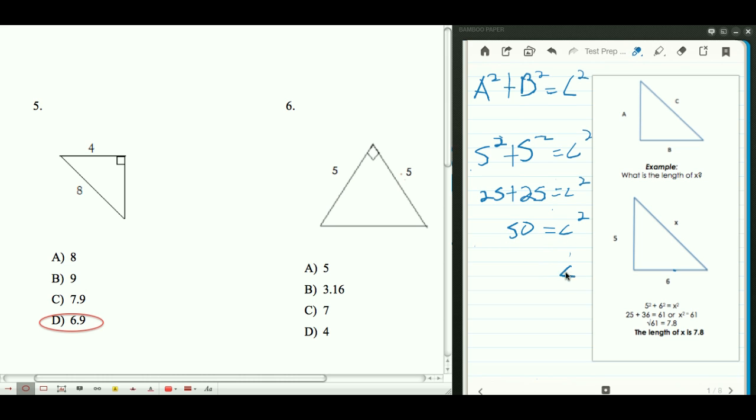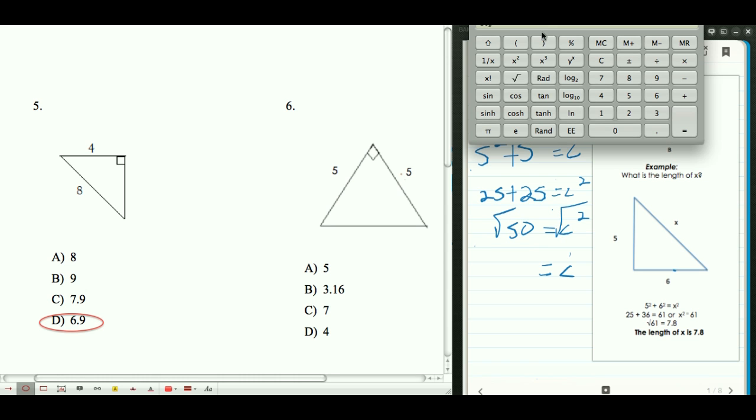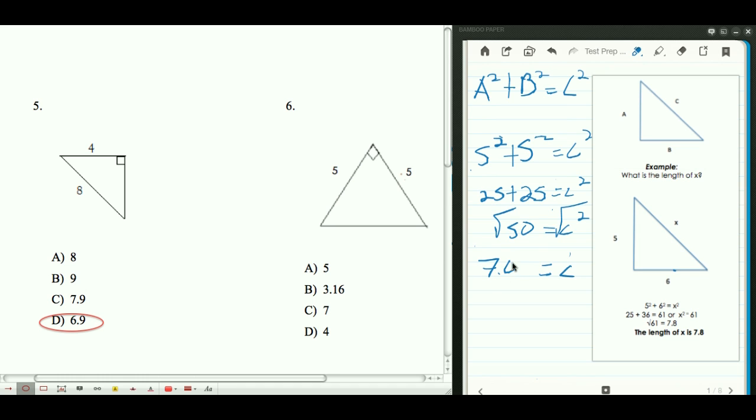From there, to figure out what c is, we're going to take the square root of each side. So we're going to press clear and then type in 50 and the square root button. That's going to give us 7.07. What's the closest answer we have to that? So 5, 3.6, or there we go, C, 7.